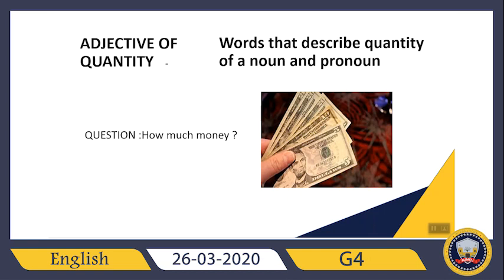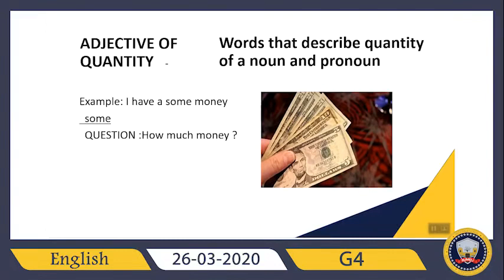So, the first sentence we're going to look at: I have money. Can you give me the quantity in the sentence? When we're talking about quantity, we're talking about an amount: I have some money.